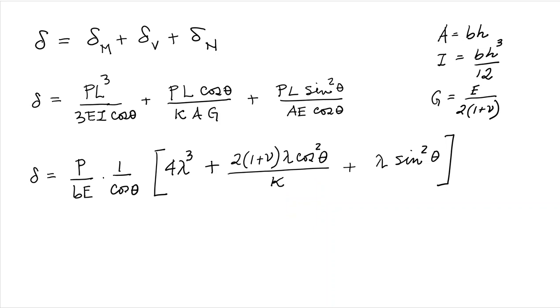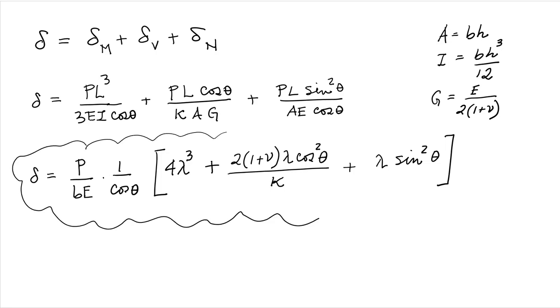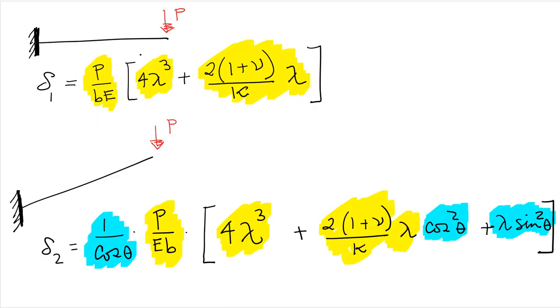We add the three deformations and we get this nice expression here, which we can compare with the expression for the horizontal cantilever, and we see that it has a lot of terms in common, but it has some additional terms, especially in the shear and axial deformations.